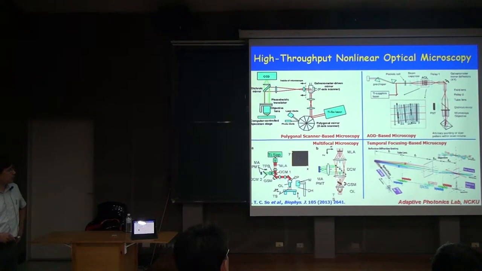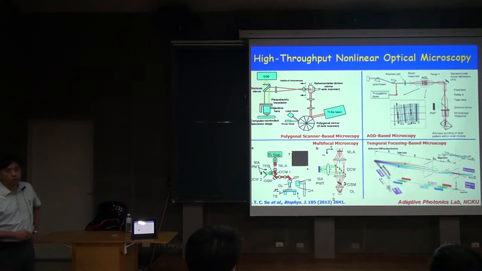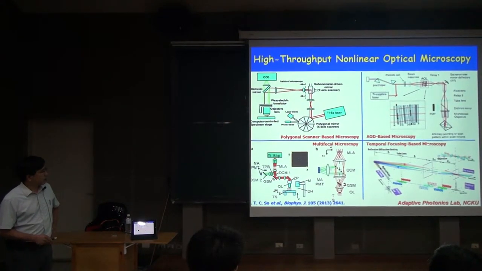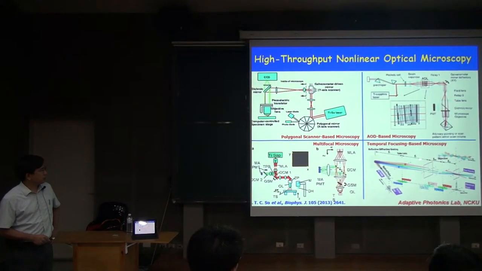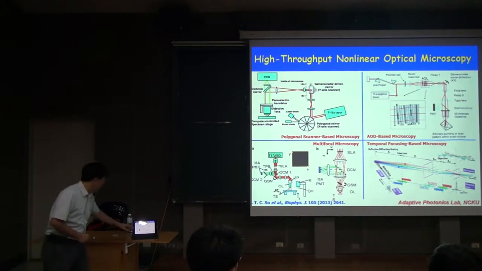It means not just focusing one spot; simultaneously you can focus about 8 by 8 spots on your sample, then use a multiple PMT array to get your signal. But for these, the current frame rate is also just about 20 or 30 frames per second. So today I focus on how to use temporal focusing that can get a frame rate of over 100 Hertz.